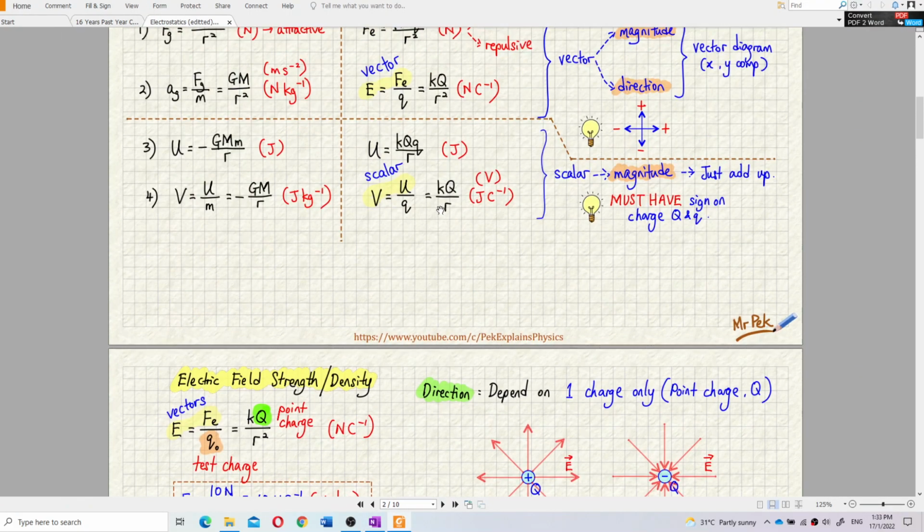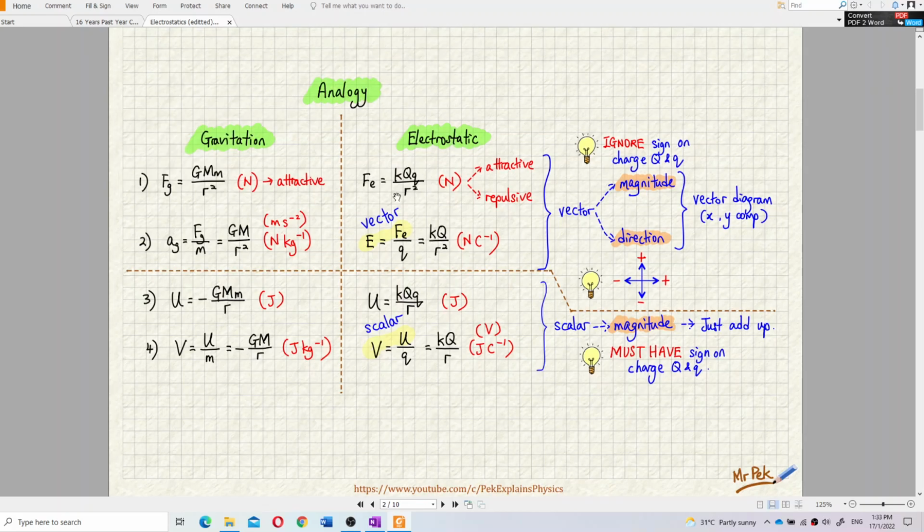I did say before, for a vector quantity, when we want to find the magnitude, the sign on the charge we ignore. But for a scalar quantity, to find the magnitude, you must keep the positive and negative sign. For a vector quantity like force and electric field, to find the magnitude, we ignore the sign on the charge. So if the charge has a negative sign, we ignore it.